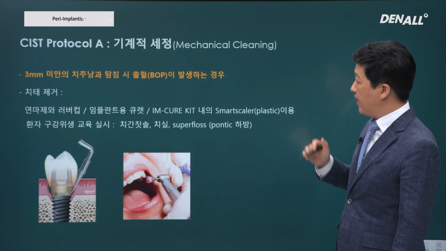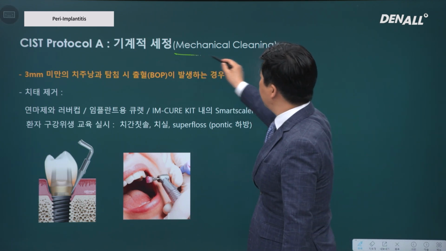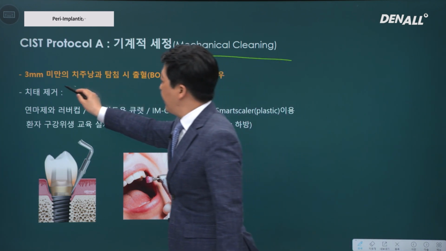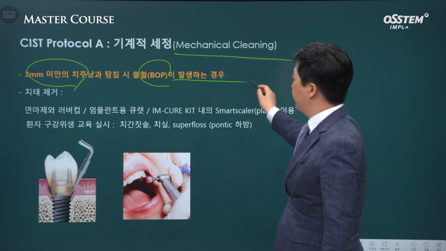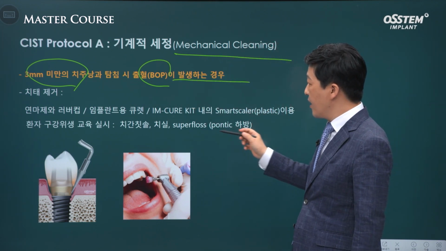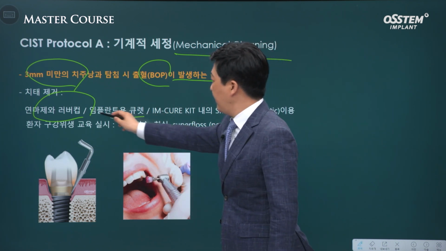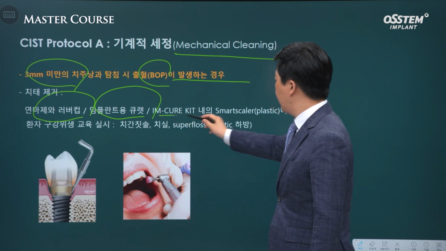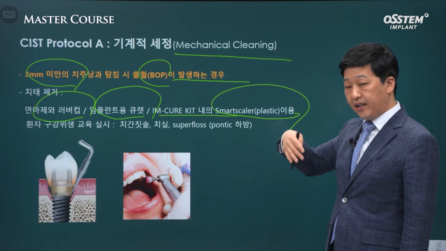Let's look at the different steps. CIST protocol A involves mechanical cleaning. The probing depth is less than 3 millimeters and there is bleeding upon probing. The surface of the implant is cleaned using polishing agent, rubber cup, curette for implant treatment, and smart scaler included in Osstem's IM Cure kit.